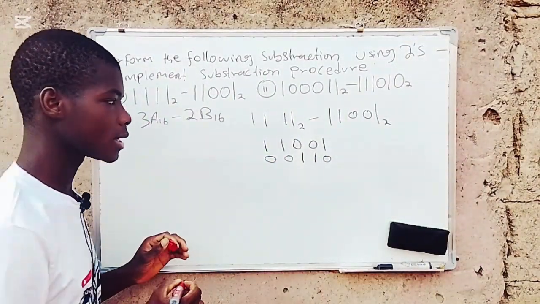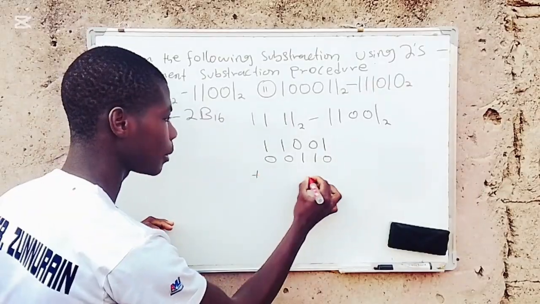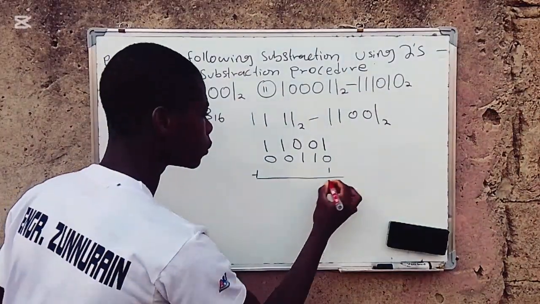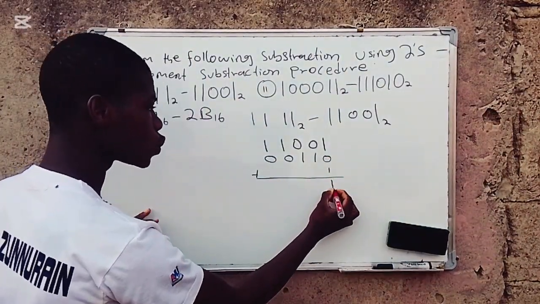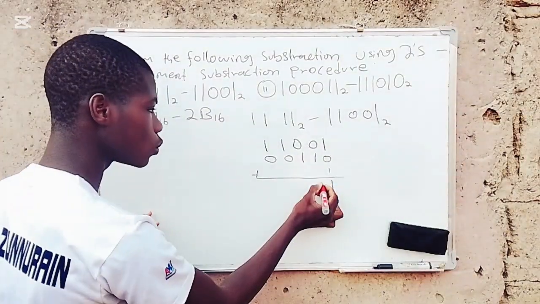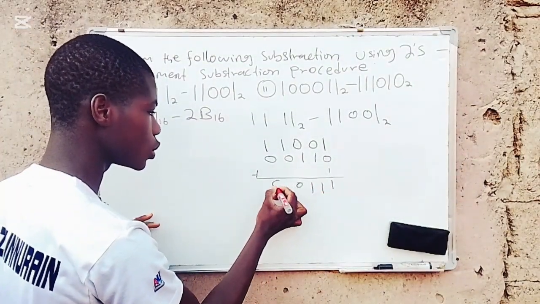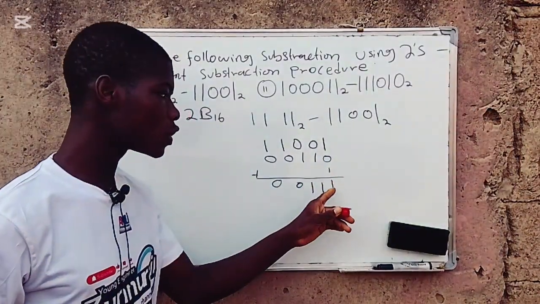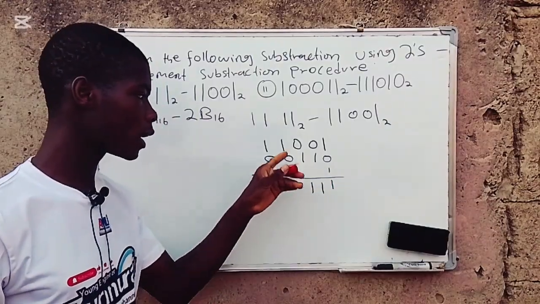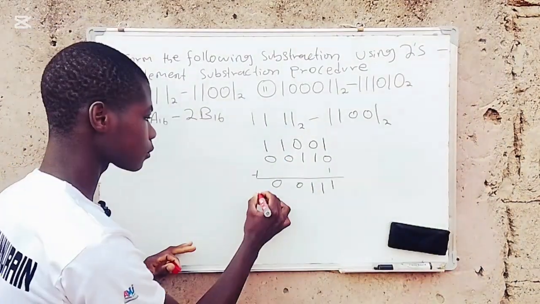The next procedure is that I have to add 1. So 0 plus 1 is 1, 1 plus 0 is 1, 1 plus 0 is 1, 0 plus 0 is 0.